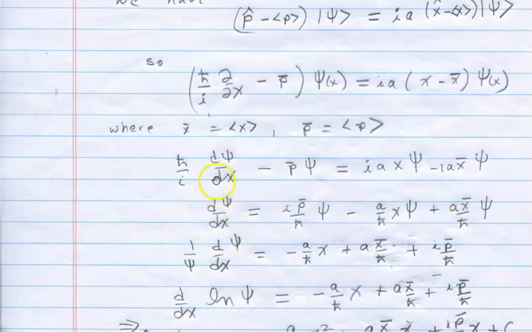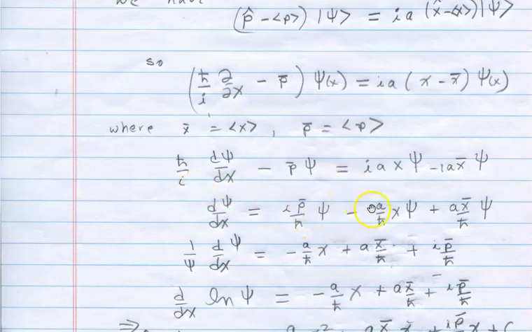Then I just solve for the derivative of psi, so that entails bringing this over to the other side. So I get a p bar psi, added to these terms, and then multiplying through by i and dividing by h bar. So I get i p bar over h bar psi.